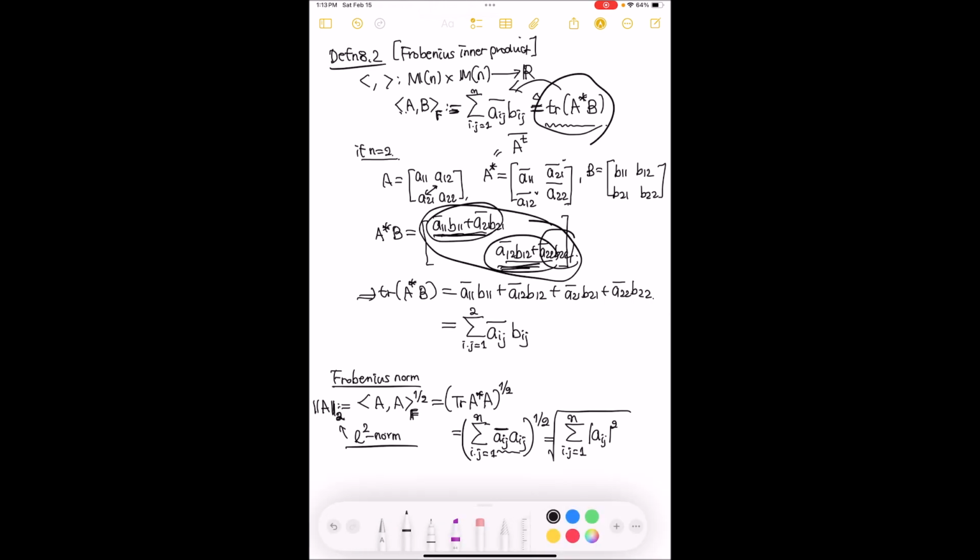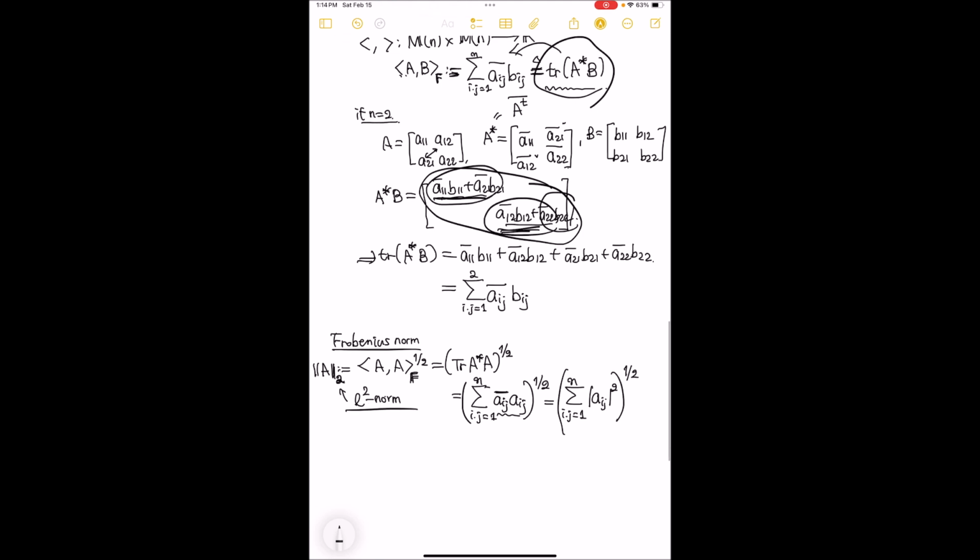Anyway, in an L2 norm, when you think about the continuous case, the norm of f is written as the integral of f squared d mu to the power one half. That is the continuous case.